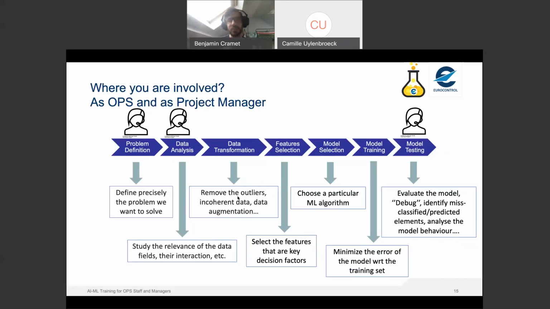In between data transformation, feature selection, and model training, you will be there, but you have a less important role. You will be involved to avoid the tunnel effect, so that the project doesn't drift, actually. But your key role is problem definition, to transmit the knowledge contained in the data to the team so they can work.